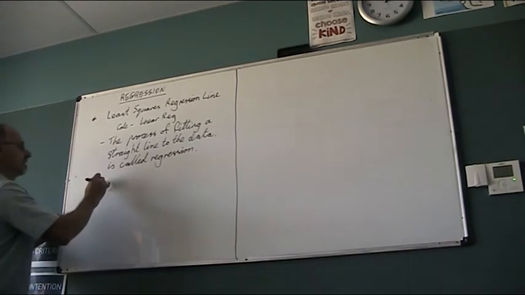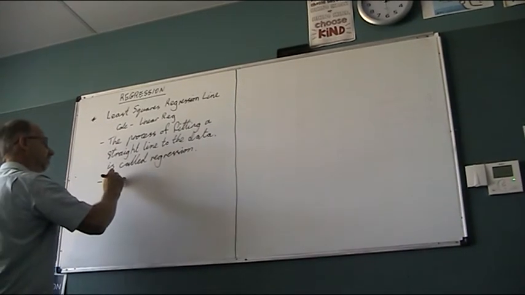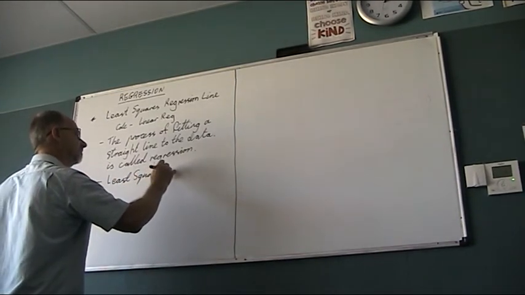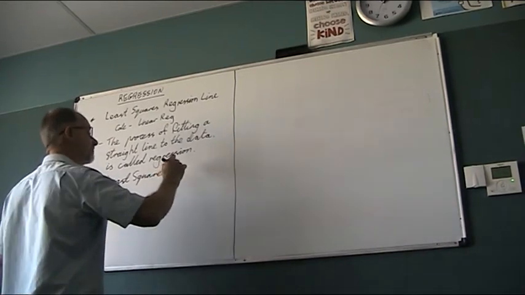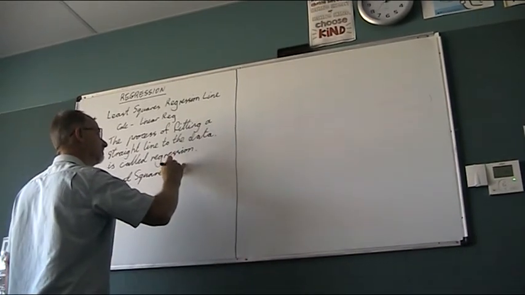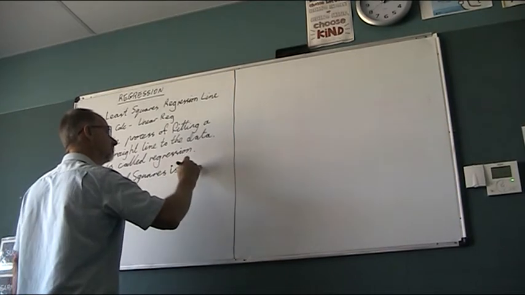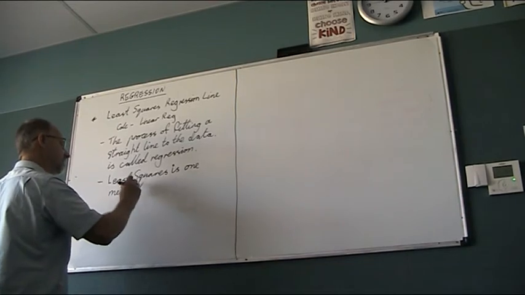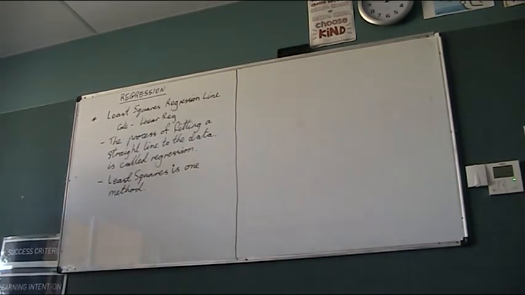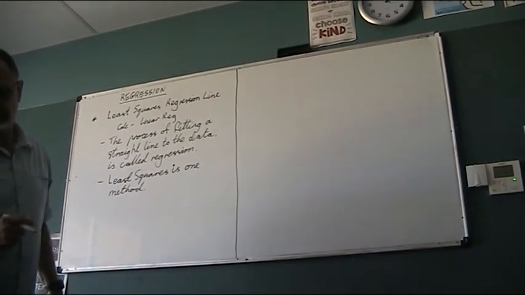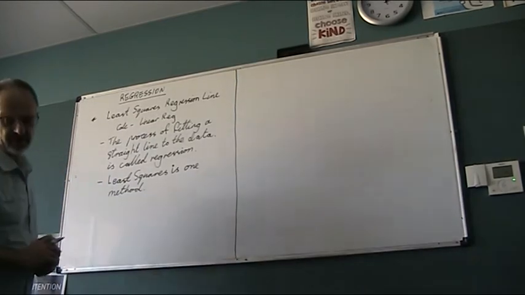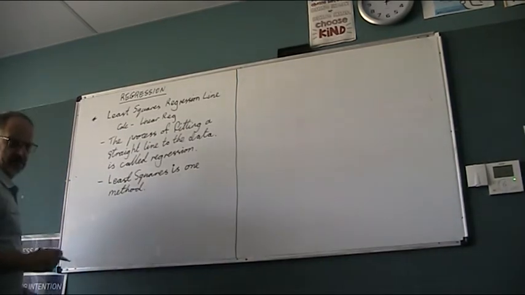And least squares is one method. There are others, like the median, 3 median. Least squares is the method that we do in the further maths course, and I already mentioned that it's linear reg on your calculator.